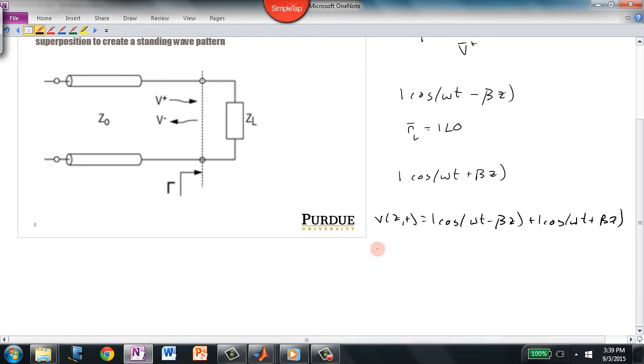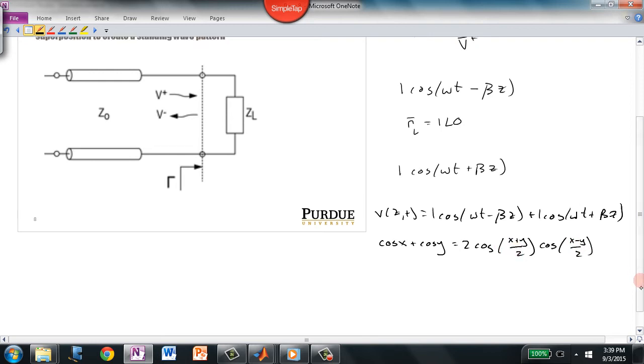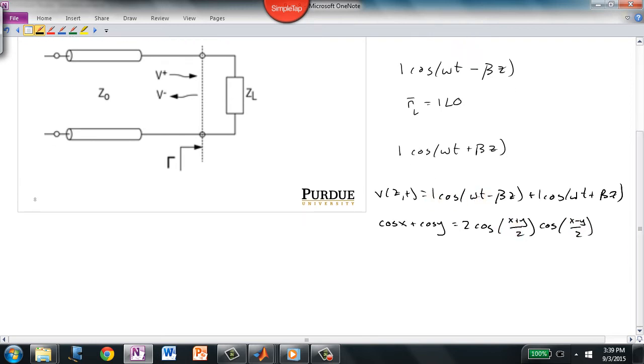You have probably seen this, but I'll just refresh you. Cosine of x plus the cosine of y is equal to 2 times the cosine of x plus y over 2 times the cosine of x minus y over 2. So we're going to use that. We're going to add those two cosines.